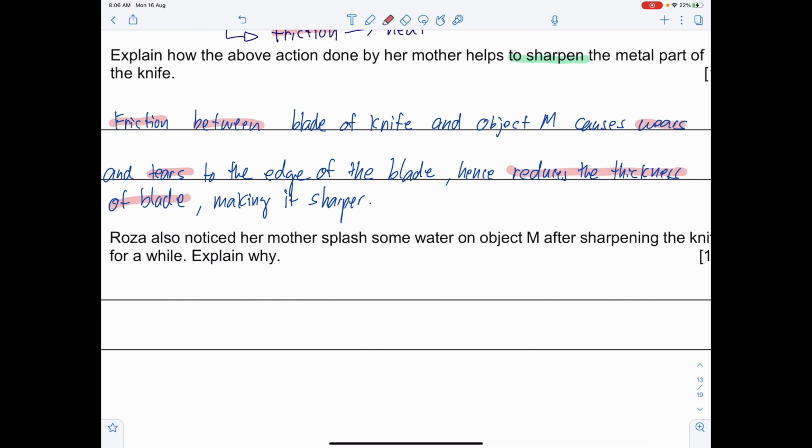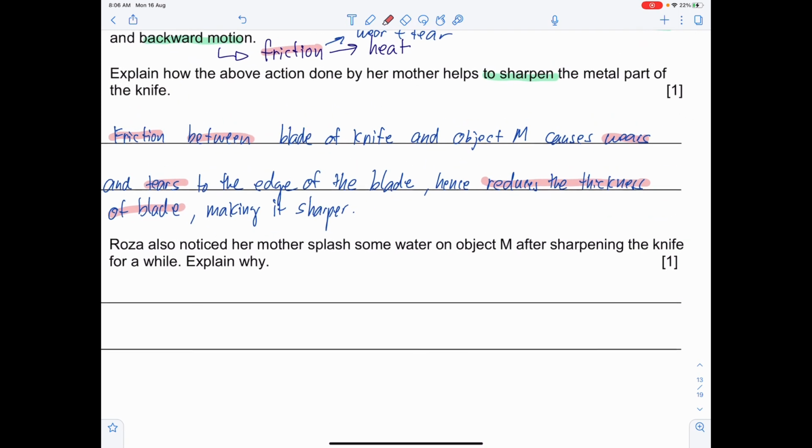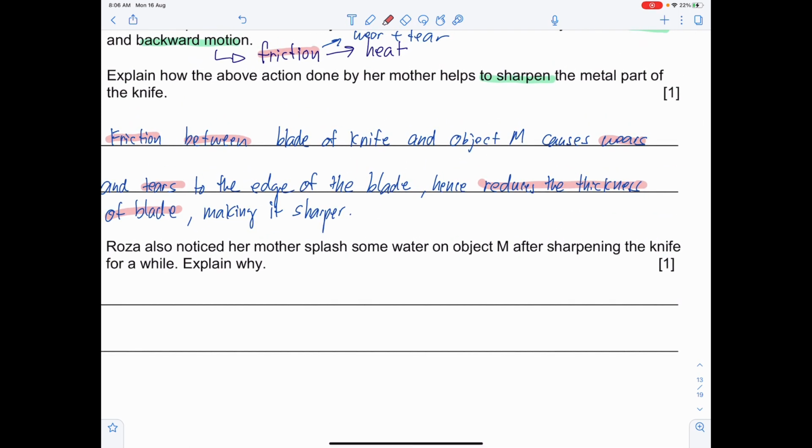Next, Rosa also noticed her mother splash some water on object M after sharpening the knife for a while. Explain why. In this question, most students got the idea. However, what they don't get is the exact phrasing. And the phrasing of this is really not that difficult. Now, there are two possible answers to this.